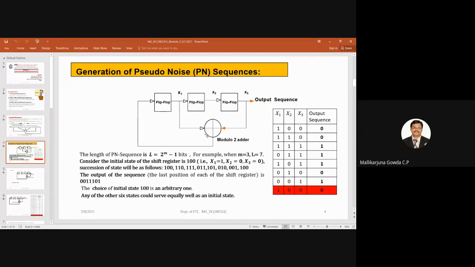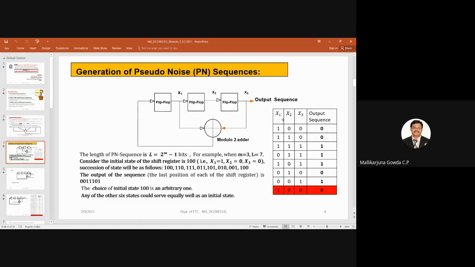So when I apply a clock pulse, okay, so first clock pulse, what happens? When the initial state is 1 0 0, during that time I am taking output at the output of flip-flop 3. So I am writing the output sequence for that state as 0, because the output of flip-flop 3 is 0, right?